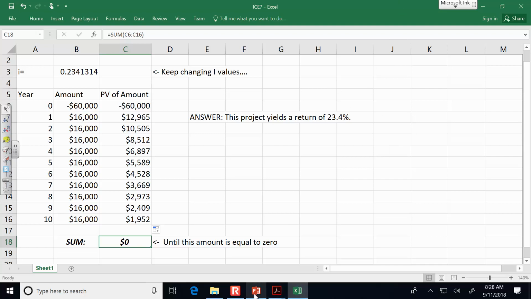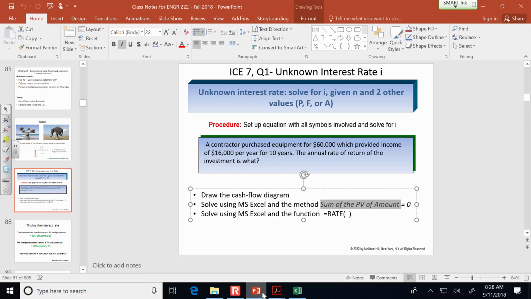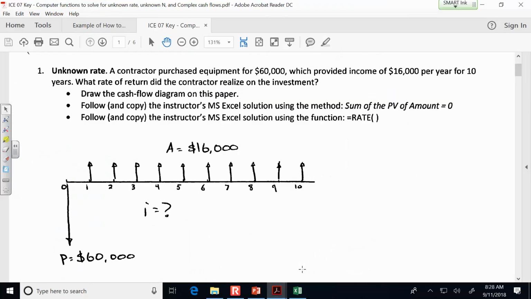Was it better that the contractor put the money into this investment rather than into a savings account? Oh, absolutely. $60,000 in a savings account, you'd maybe, if you really searched, could find a savings account that would pay you 2.5%. But this person has earned 23% on their investment by putting it into some equipment instead. So good job to the contractor.